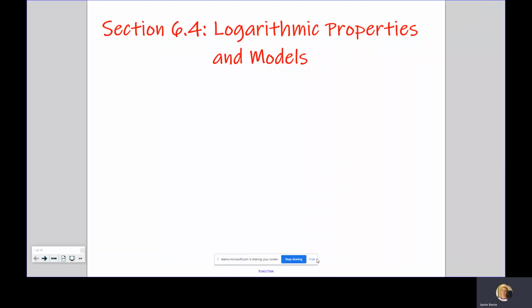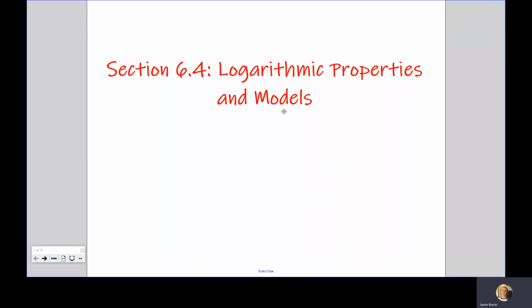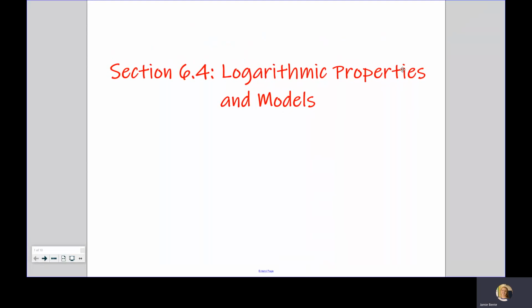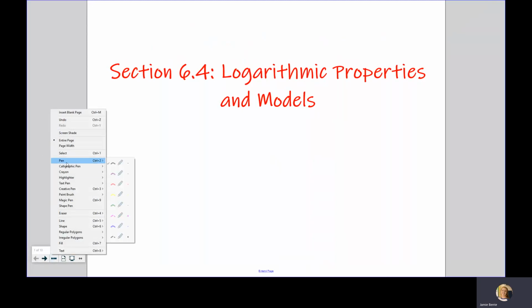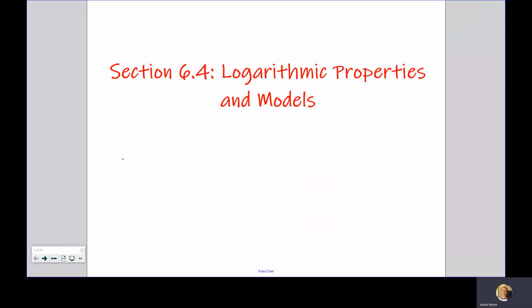All right, so logarithmic properties and models. We are going to focus more on logarithmic properties in this section. We have already learned 3 properties of logarithms, which let me remind you what those were. The first property says that log base A of 1 is always 0.